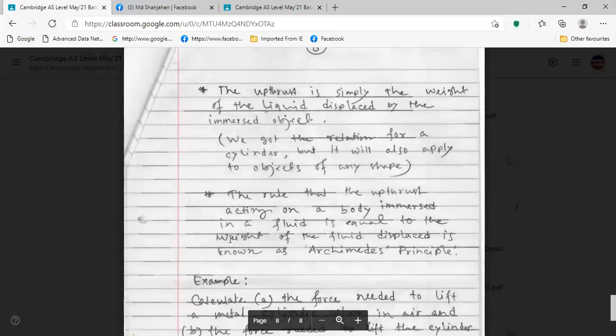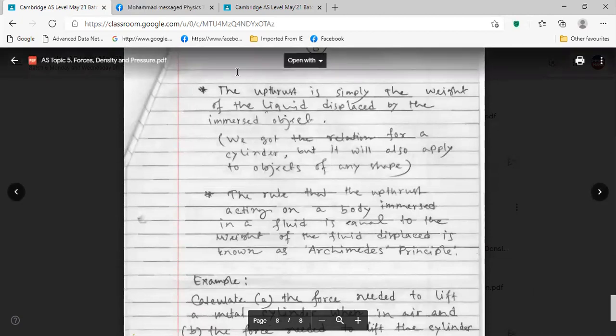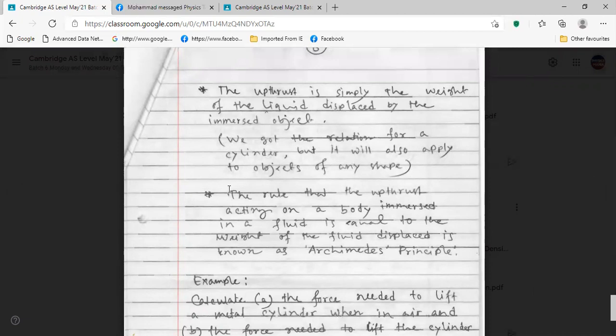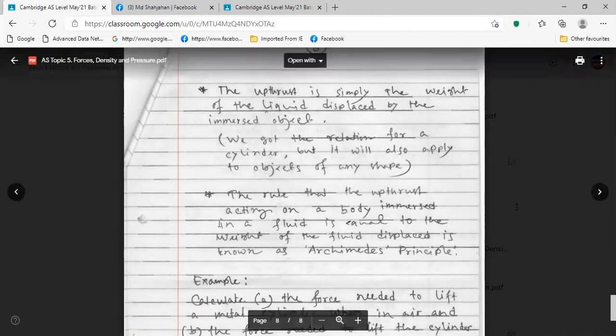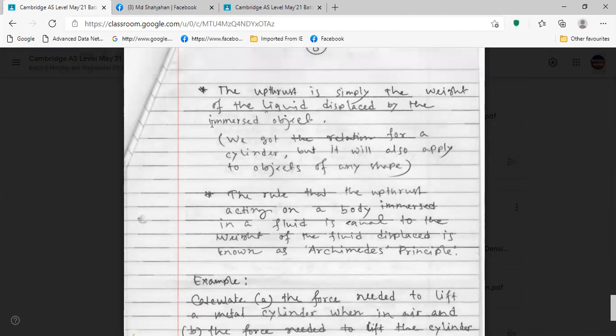So you see there are two very important points. Can you read these two points? Yes, sir. The upthrust is simply the weight of the liquid displaced by the immersed object.